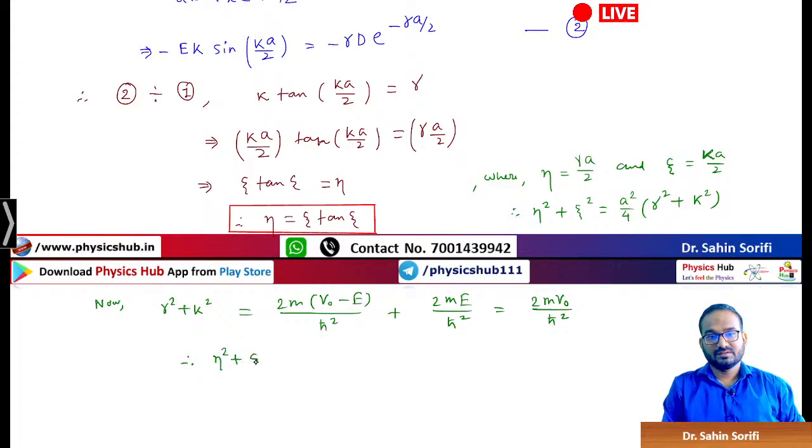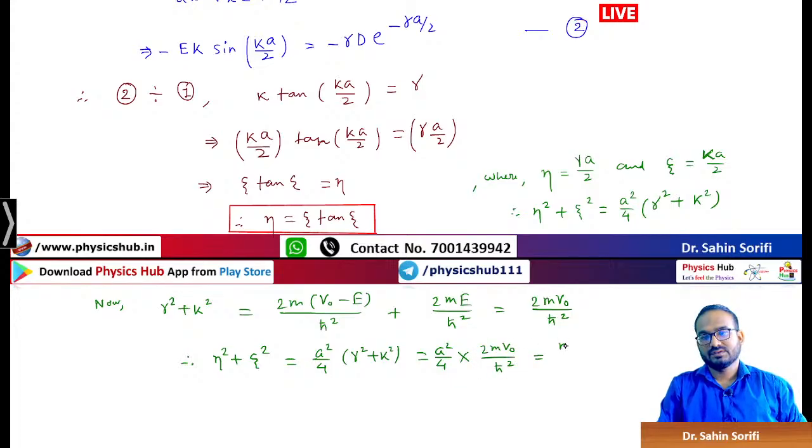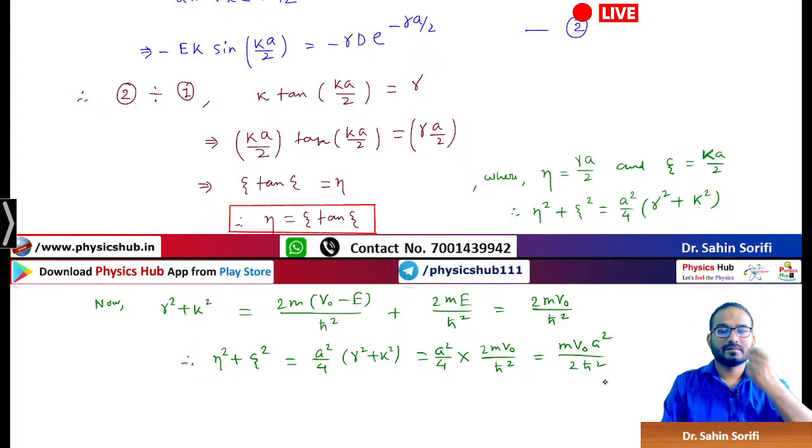eta square plus xi square equal to a square by 4 into gamma square plus k square, a square by 4 into twice m v naught by h cut square, that is m v naught a square by 2 h cut square, right?